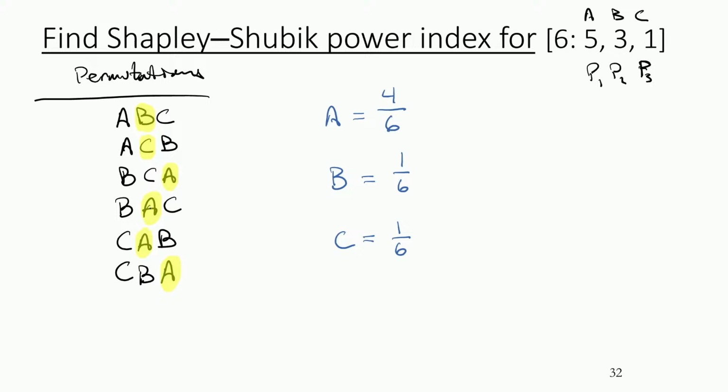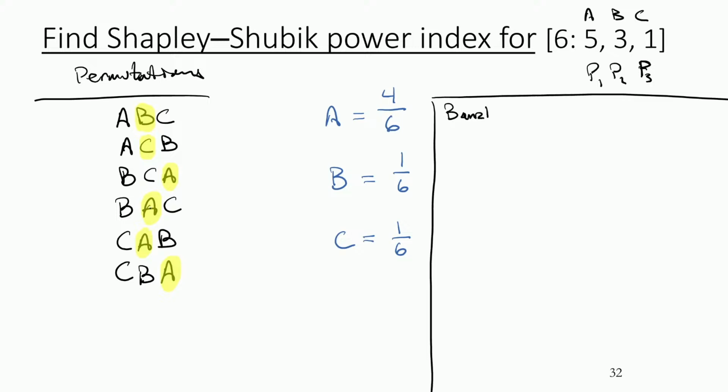Let's actually just quickly do the Banzhaf power index. I'll make a little box here. I think we might have done it for this one last time, but let's do it again just to make sure. So Banzhaf. I'll write down all of the winning coalitions. Obviously ABC is a winning coalition, A and B together, A and C together.